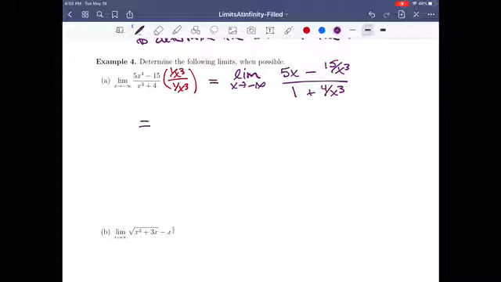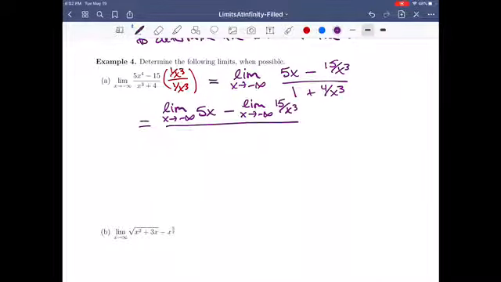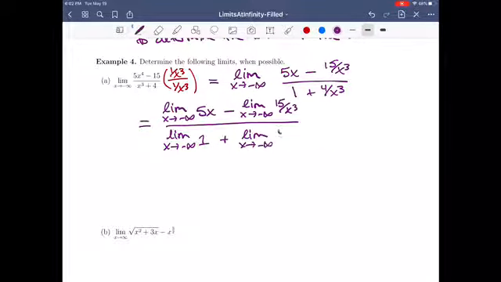Okay, so when I use the limit laws, I can put the limit through as long as the bottom limit doesn't go to 0. Now these 2 at the end here, because I have a constant over a power of x, that one's 0 and this one is also 0, so those approach 0.